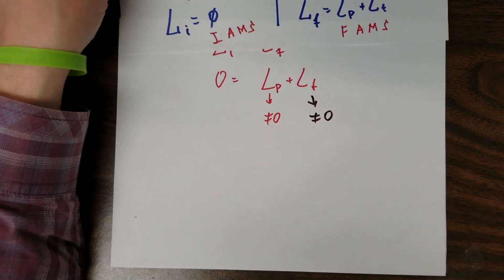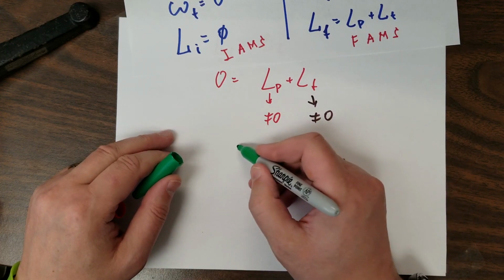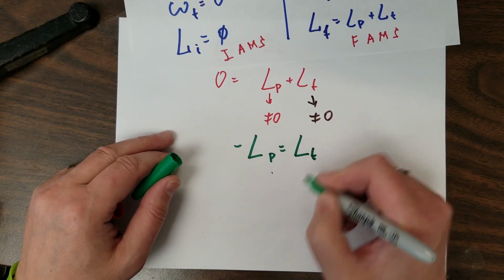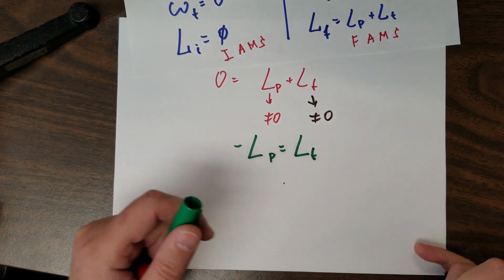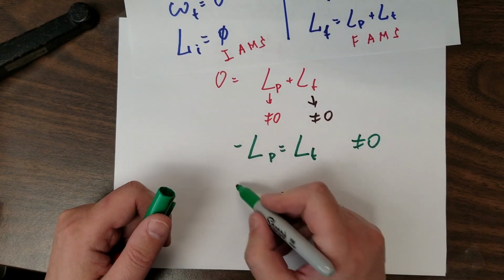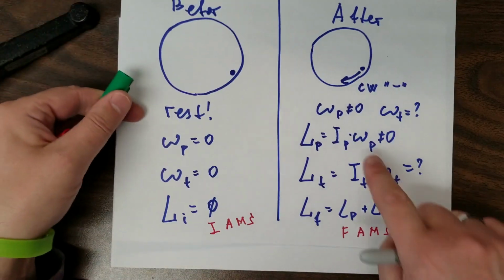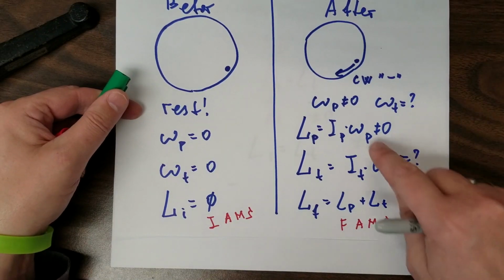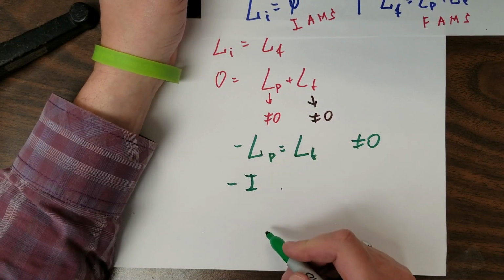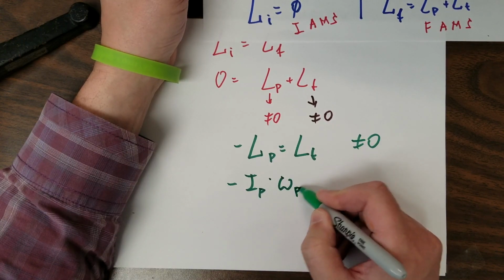In fact, if we solve this equation for the angular momentum of the turntable, that's what we get. Not 0, both. But more importantly, since we know how to calculate the angular momentum, for the person, the angular momentum equals the rotational inertia of the person times the angular velocity of the person.